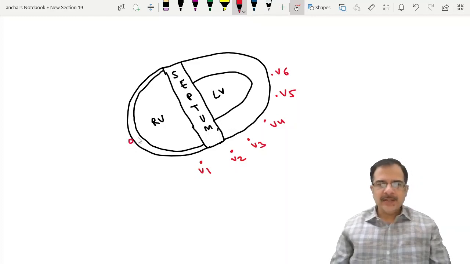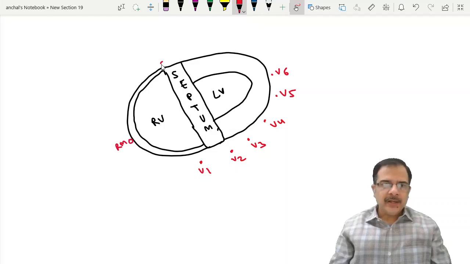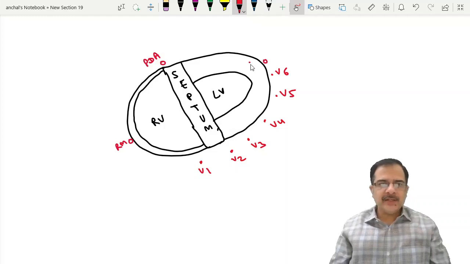This artery supplies the right ventricle, right marginal. Here is the posterior descending artery. Here is the left circumflex, CX, and here is the LAD.